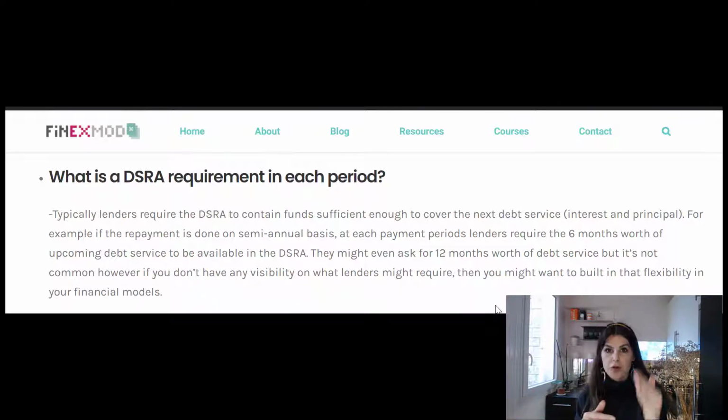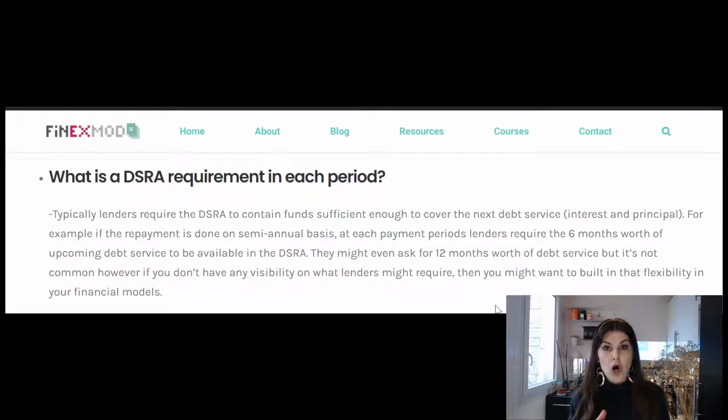So, for example, at the end of each period, lenders will monitor that account and make sure that there are enough funds to pay for the next upcoming debt service. That's one of the covenants that the lenders will monitor throughout the debt repayment, and it is one of the covenants for the dividend distribution.